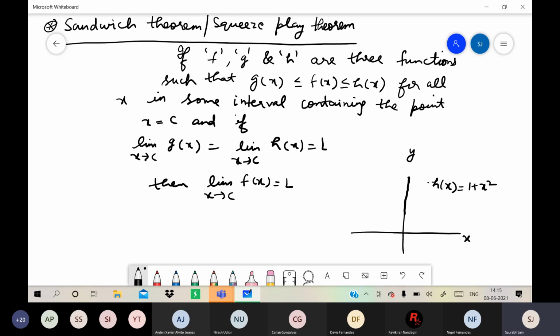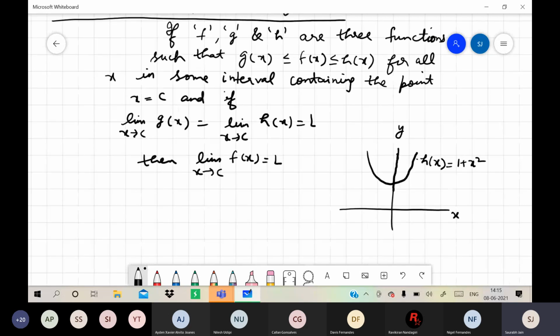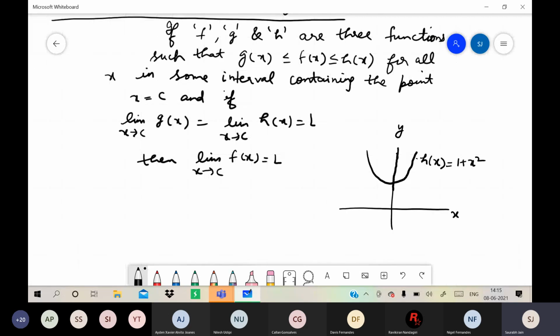This is y is equal to 1 plus x square, something like this. Parabola. Then let me draw another graph. This is g(x) is equal to 1 minus x square. This is also a parabola. Coefficient of x square is negative, so it moves downward. And you can see both of them will be touching at this point 0, 1. At x equal to 0, y is 1 in both, right?